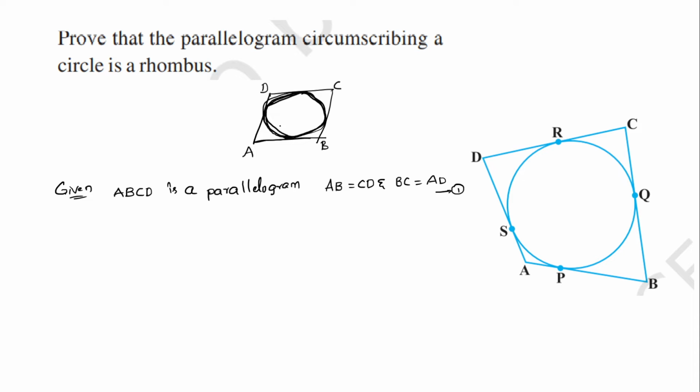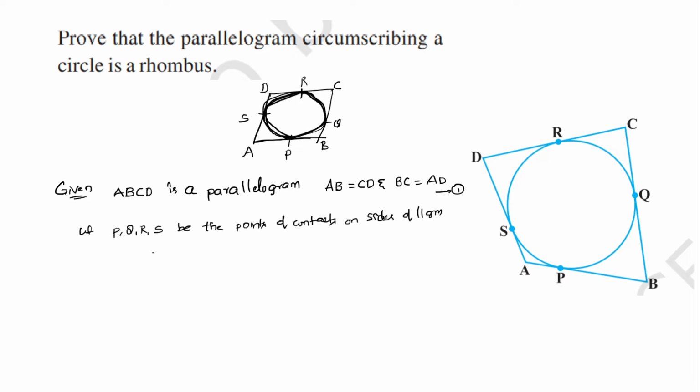And let PQRS be the points of contact on the sides of the parallelogram. So let point P be here, Q be here, R be here and S be here.